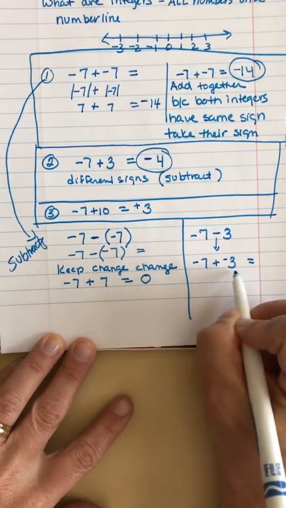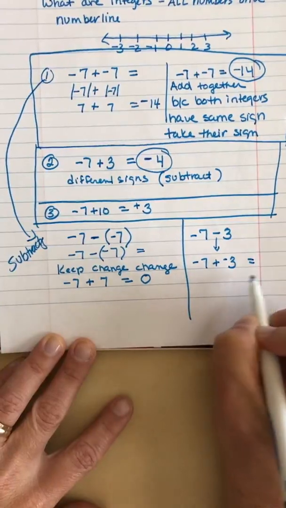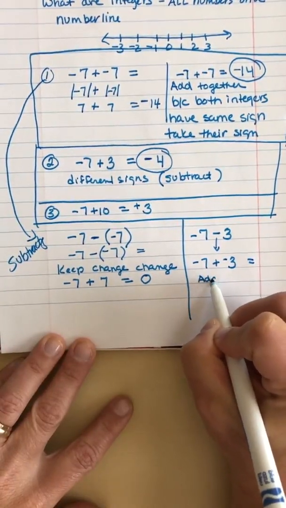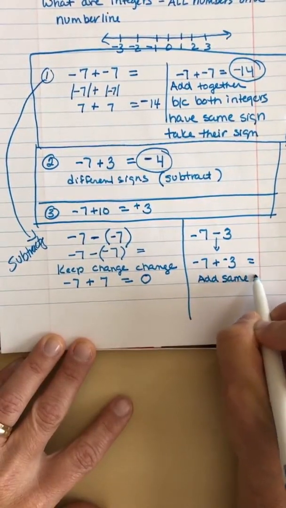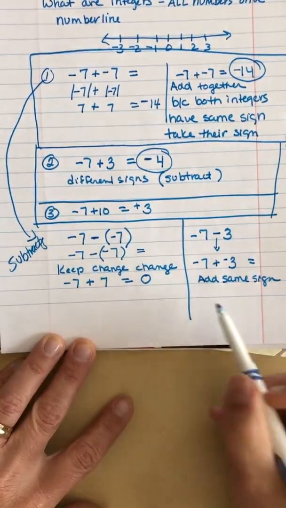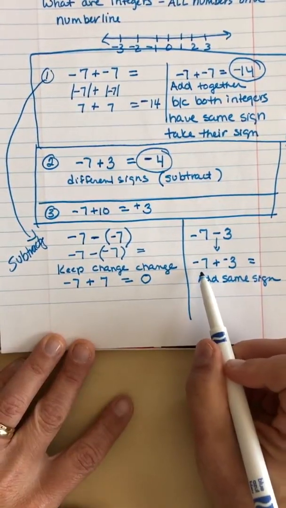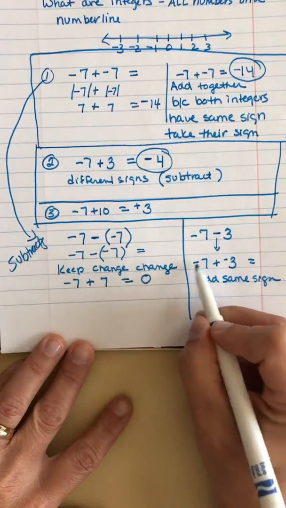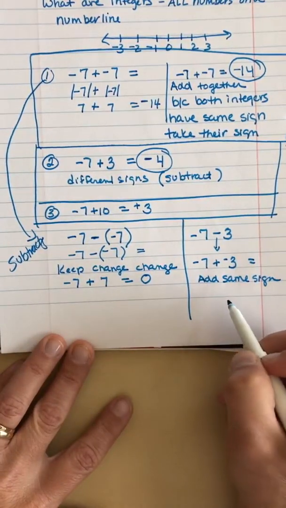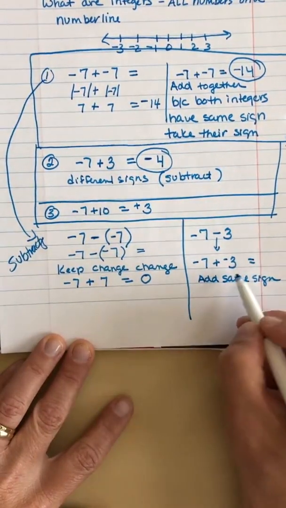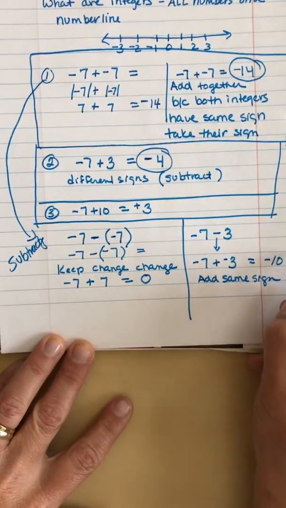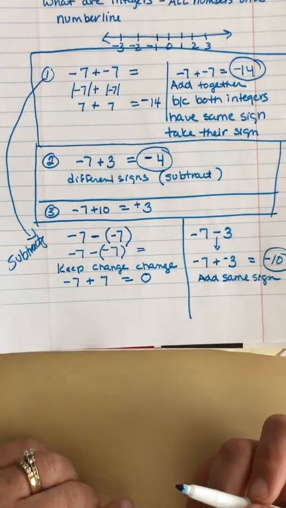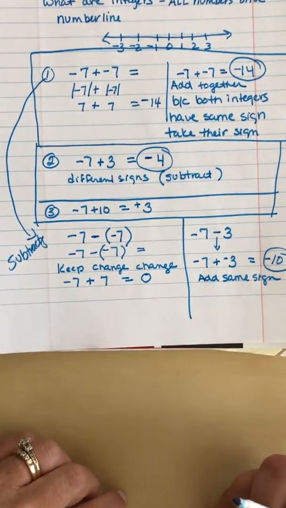Now that we have two of our integers with the same sign, we add. Okay, and then we just take the sign of the larger number, which is negative. So therefore we get -10. So -7 plus -3 is -10. Hope that helped.